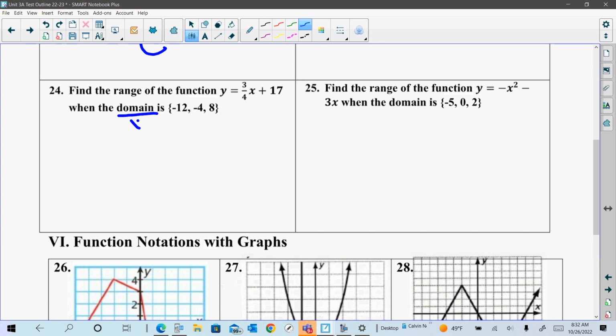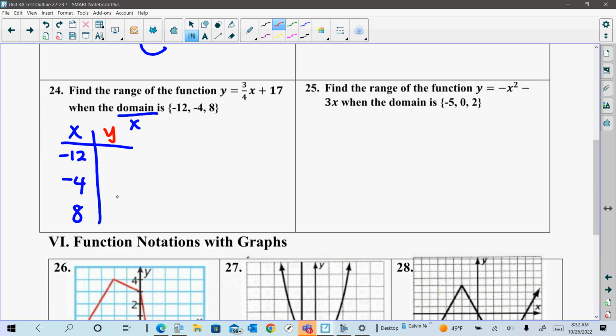The x. So all I want you to do here is create the table. In the x column, you're putting -12, -4, and 8, and then you are telling me the value that would exist in the table for y.